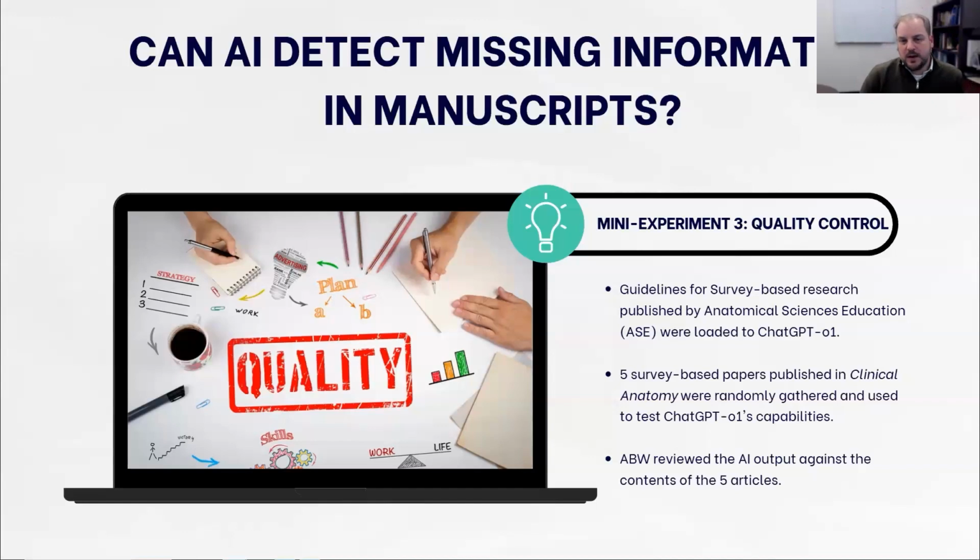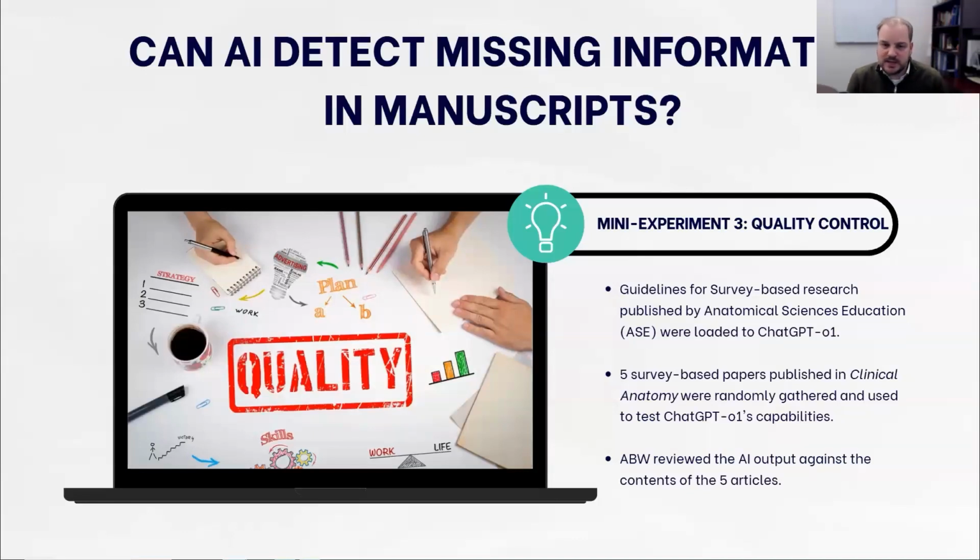And for that journal, I recently wrote and published guidelines for survey-based research. And these guidelines were meant to help contributors and other editors by outlining the key content that should be included in survey-based studies. So naturally, I was very curious and wanted to know, well, could AI serve as a screening mechanism to detect missing guideline information within manuscripts?